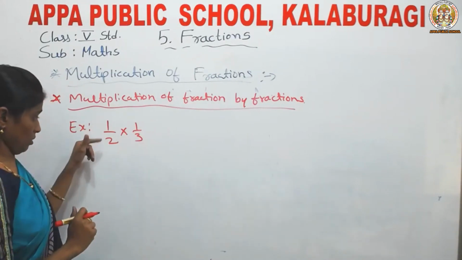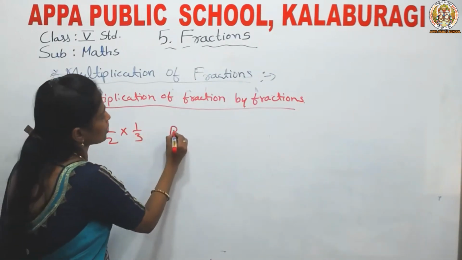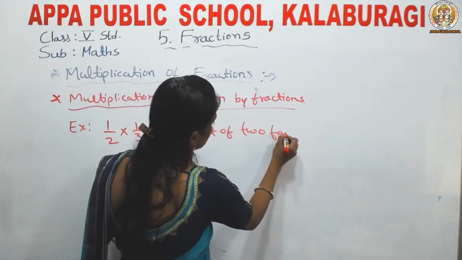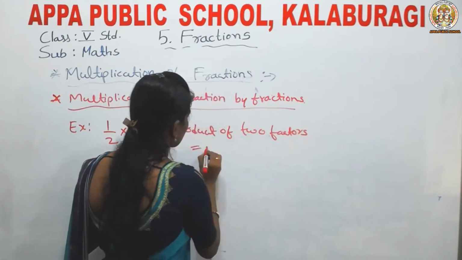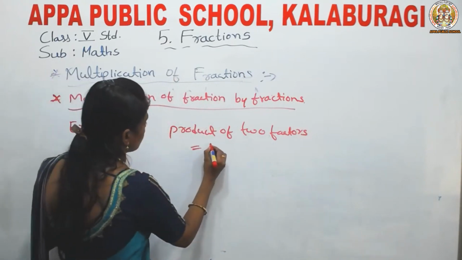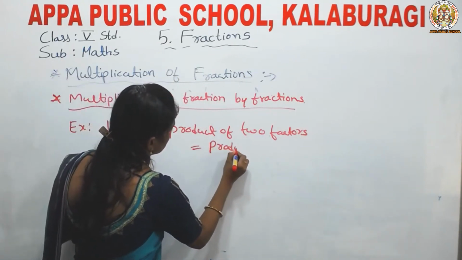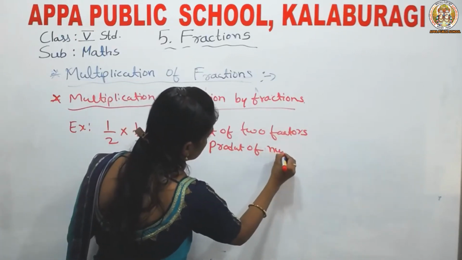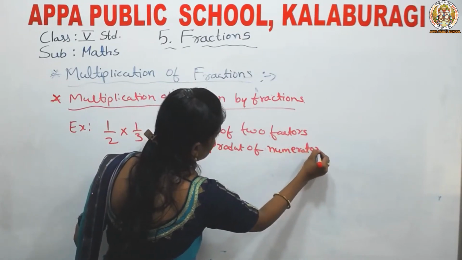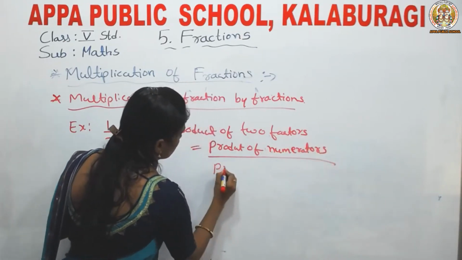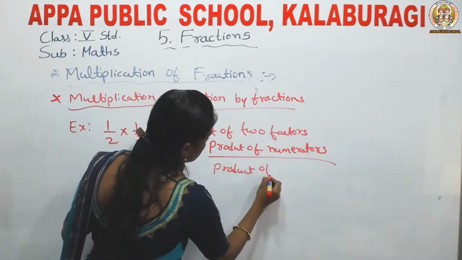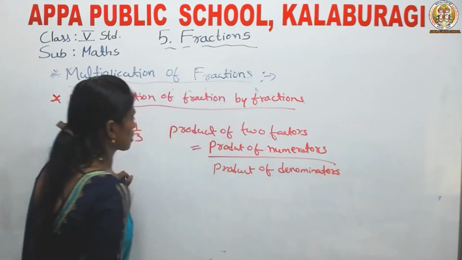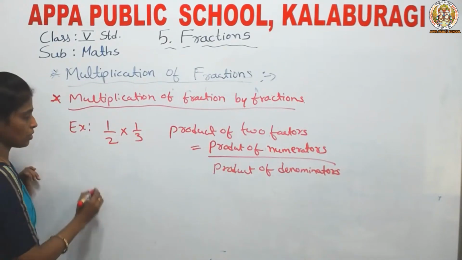The first rule is: the product of two fractions is equal to the product of numerators and the product of denominators.